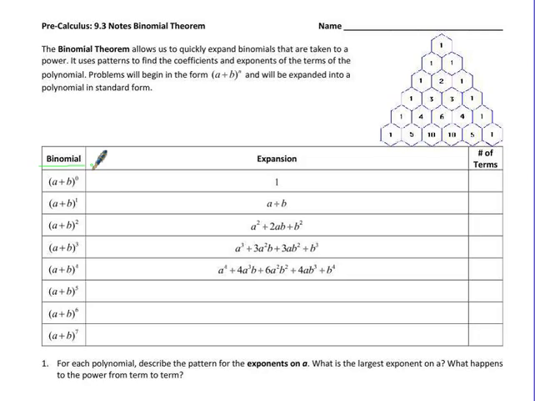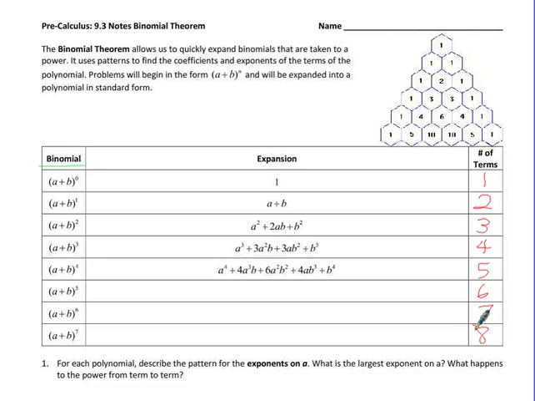We can pick up the pattern and see the number of terms is always going to be one greater than the power of the binomial in the first column. So you've got one term here when the binomial's power is 0, two terms when it's 1, and we might as well go ahead and do that.